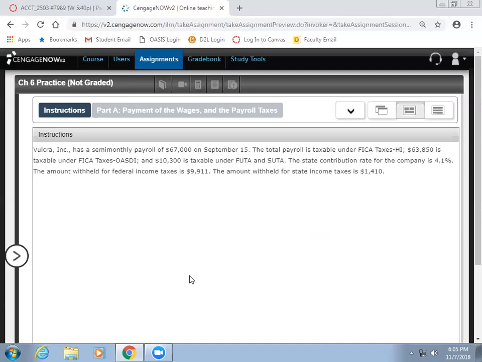The state contribution rate for the company is 4.1%. The amount withheld for federal income taxes is $9,911, and the amount withheld for state income taxes is $1,410. So we just need to calculate these different withholdings based on the taxable incomes provided.